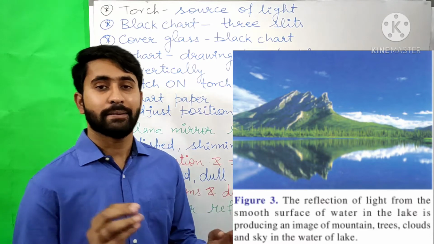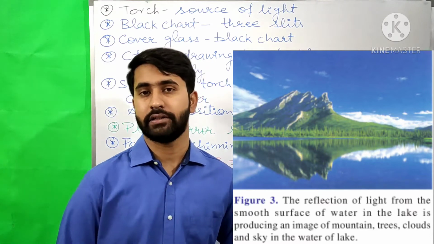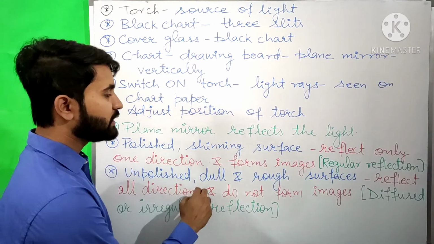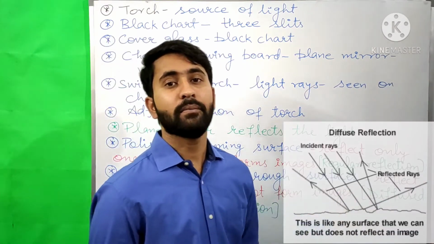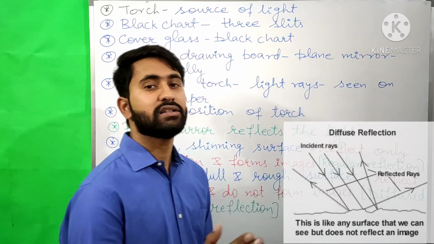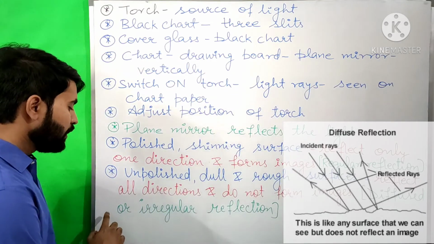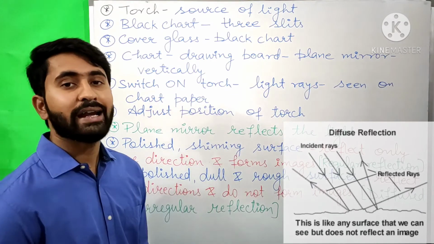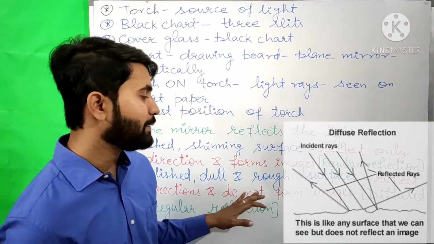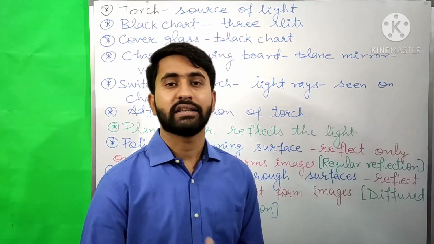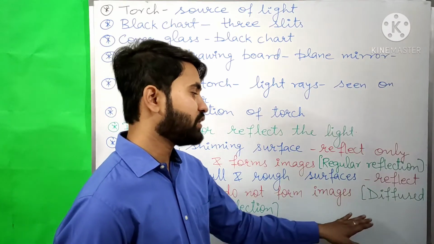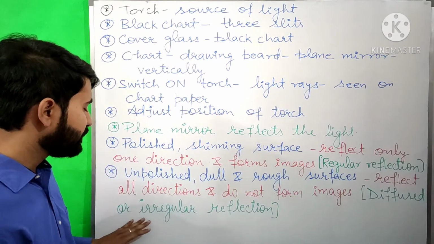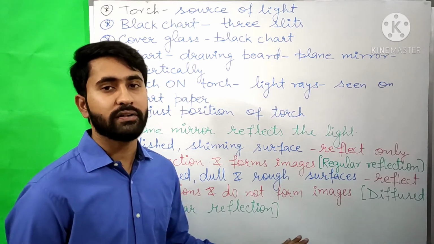They are examples of regular reflection. The unpolished, dull and rough surfaces reflect the beam of parallel light that is falling on them in all directions, and they do not form the images of the objects that are kept in front of them. This type of reflection is known as diffused or irregular reflection.